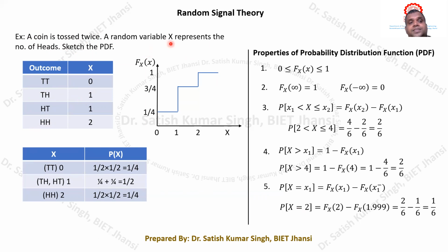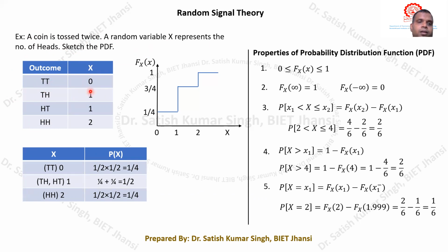This random variable represents the number of heads. In the first outcome, if both times when we toss the coin the outcome is tail and tail, there will be no heads in the output, and we can write x equals 0. Similarly, in the second case, the first time the outcome is tail and the next time it is head. How many heads are we getting here?